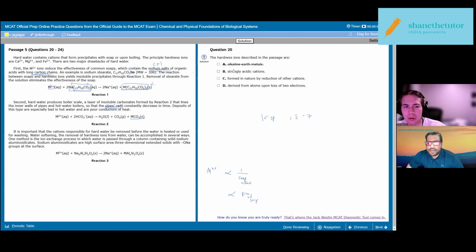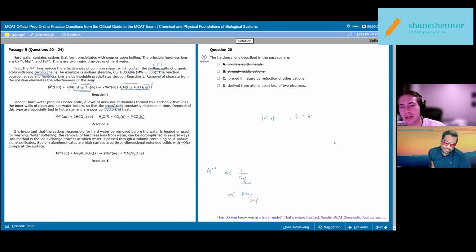Well, these cations are not really acidic. There's nothing here showing that these cations are behaving as acids, because they're not donating protons or anything like that.